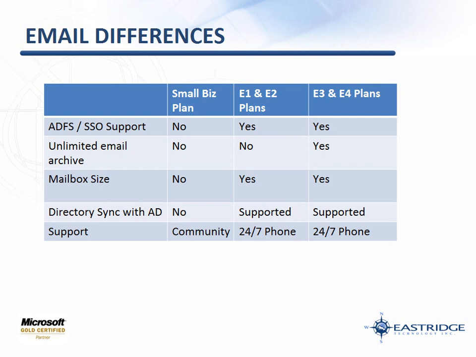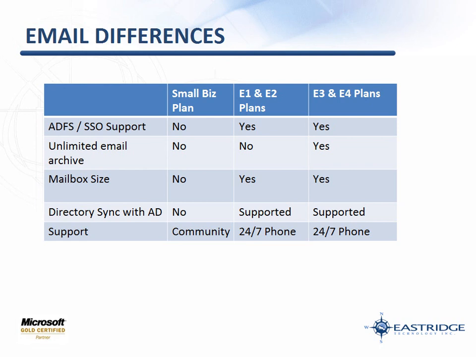ADFS allows you to manage both cloud-based mailboxes and on-premise mailboxes through your Exchange administrative console. That's available in the enterprise plans. It's not available for small business. You also have advanced archiving and unlimited email archive in the Enterprise 3 and 4 plans. We don't have that with small business or the first two enterprise plans.